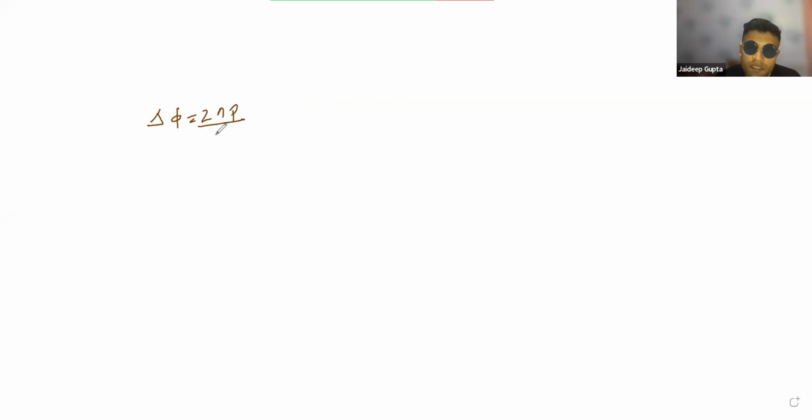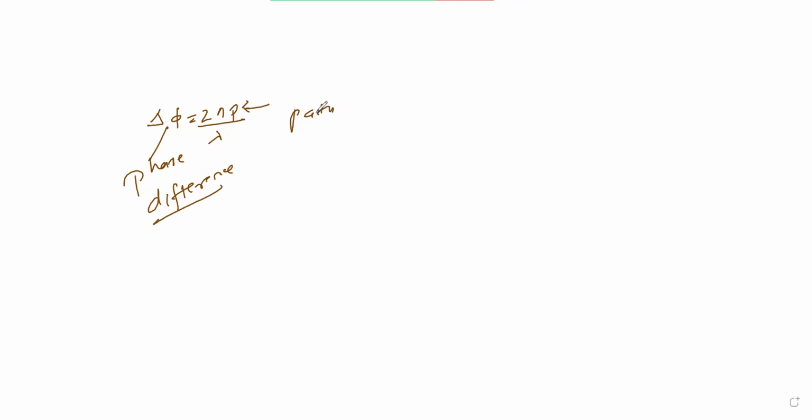Okay, just note down this formula, then definitely I'll let you know how to do a question. Note down. This is the phase difference. Fawaz, I hope you might have an idea about how to do wave optics. A little bit. Do you know the conditions for constructive interference and destructive interference?